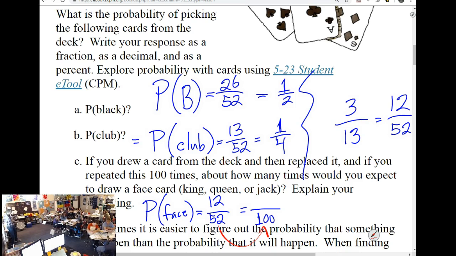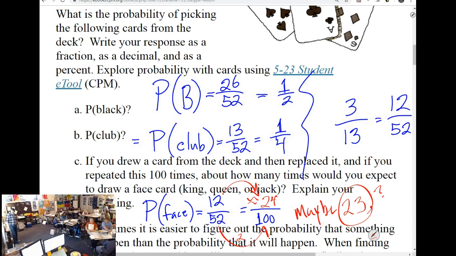So this is almost times 2. So the top is 23.07. So if we did times 2, it'd be 24, but it's not quite times 2, so maybe 23.